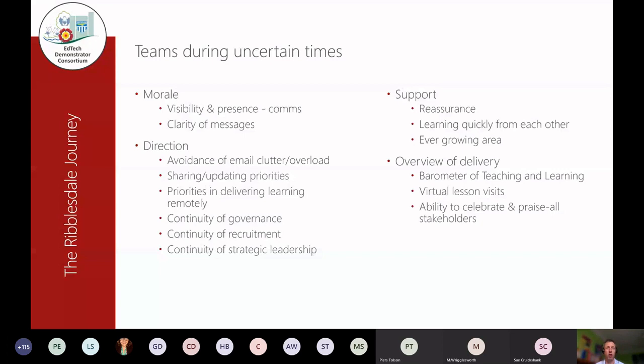We've only got to reflect on how the communication is happening centrally, but also things like governors' meetings, awarding praise, and even being able to get a barometer for teaching and learning. That's the big benefit of using a digital platform like Teams at whole school level.